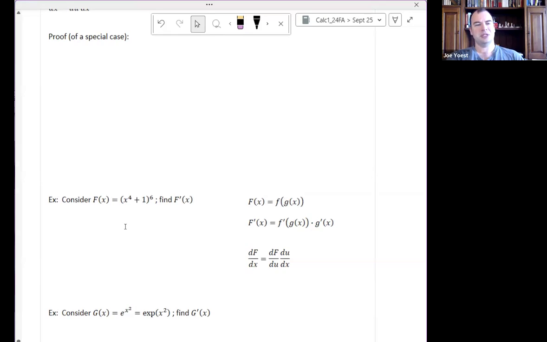I want to, in some sense, decompose my big F into the composition of two functions. So I want to find a little f and a little g. I'm going to call the little g's variable x. I'm going to choose to call the little f's variable something different. It's not strictly necessary, but it gets confusing because if you call this little f of x, then the x that's in the little f of x is not the same x that's in the little g of x or in the big F of x.